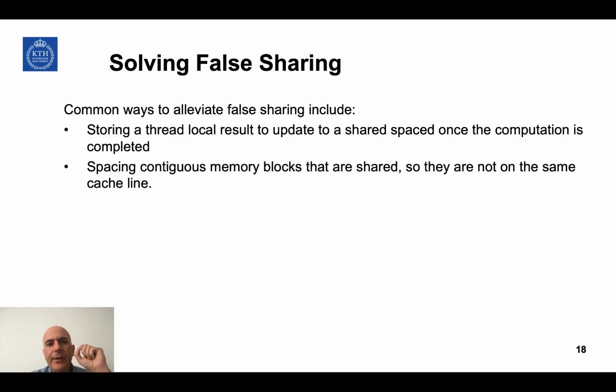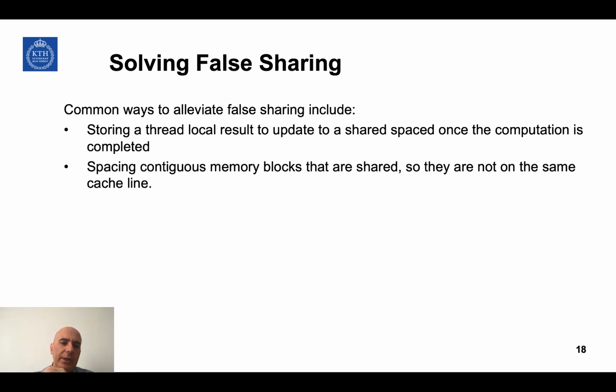This technique is called privatization. We store the maximum value and max location in private variables in the thread, and at the end of the computation, we copy them back to the shared variable, right?